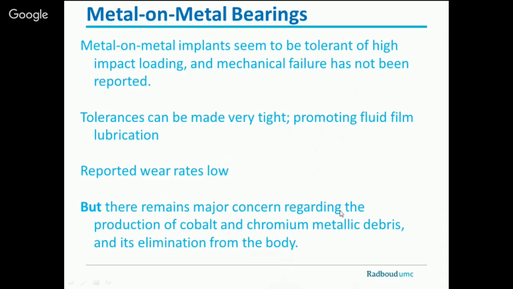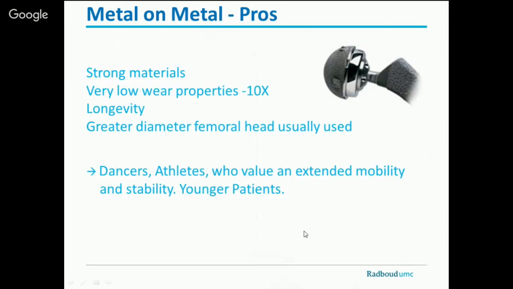There is, however, a major concern about the wear particles of cobalt and chromium in the joint. It is a strong material, it doesn't wear much, and these metal-on-metal bearings have been used for dancers and athletes, who would like to be very mobile and require a high stability.